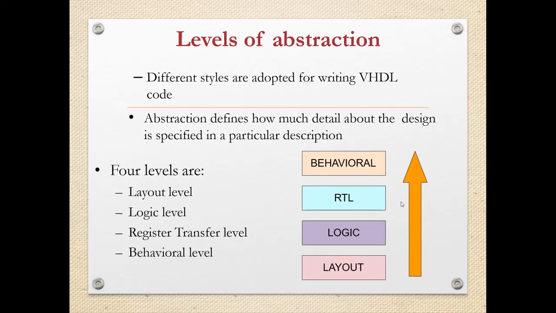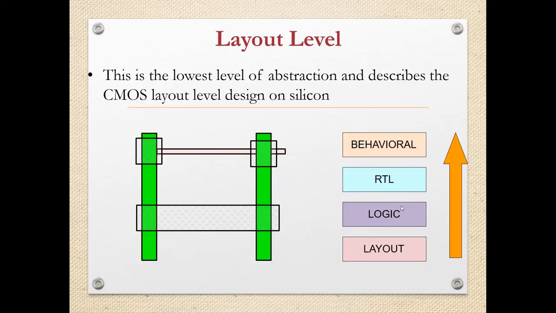Whenever the VHDL code is written, it may be a behavioral description, or a description at the register transfer level, or at the logic level considering the logic gates, or at the layout level. So based on this, there are four levels of abstraction: layout level, logic level, register transfer level, and the behavioral level. One by one we will see these levels of abstraction.